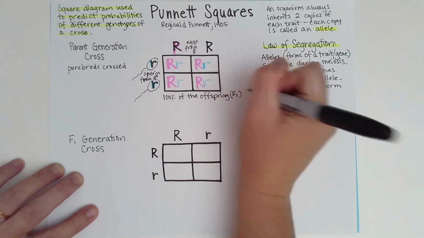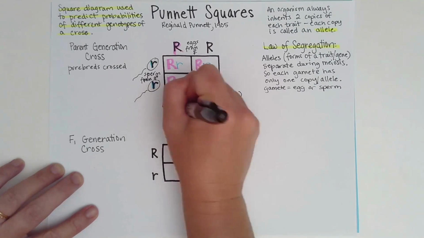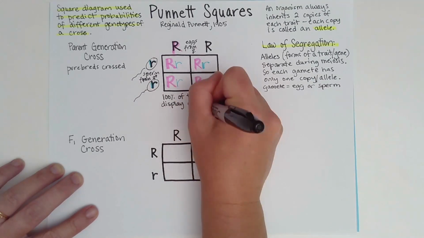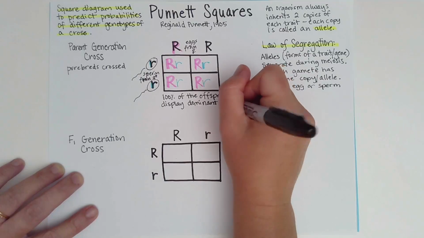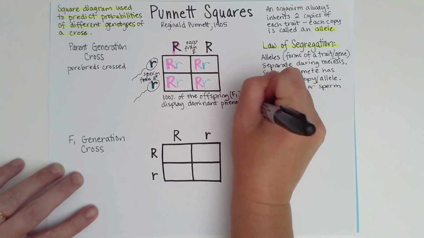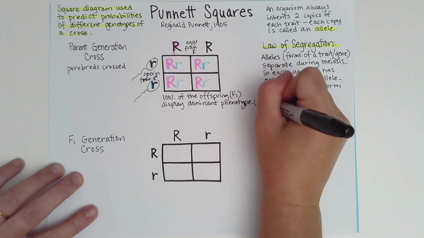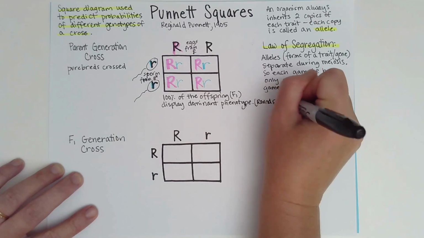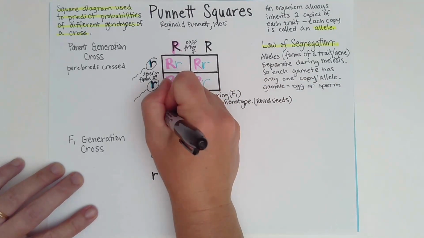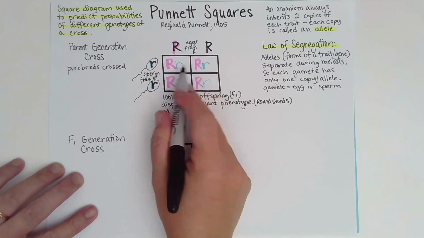And that will be the F1 generation, will display the dominant phenotype, which is round seeds for this trait. And not only that, but 100% of the offspring will be heterozygous.